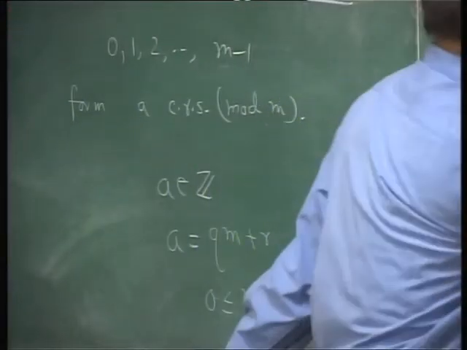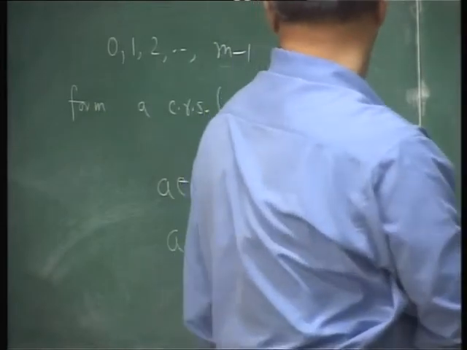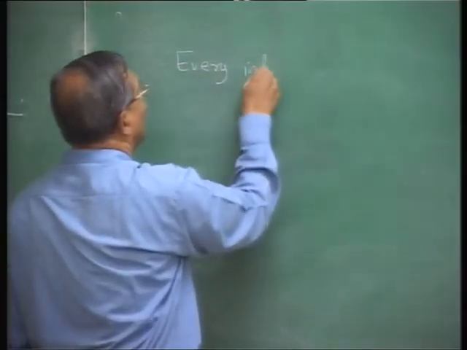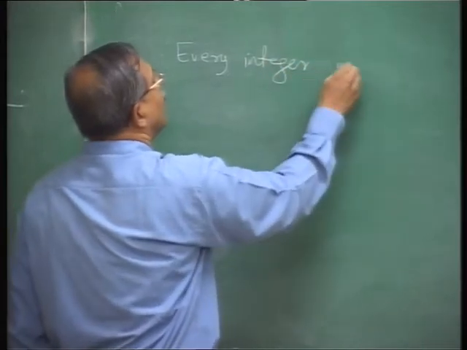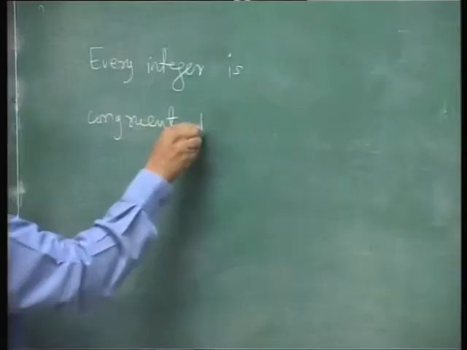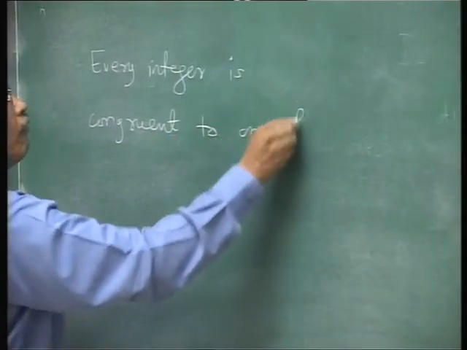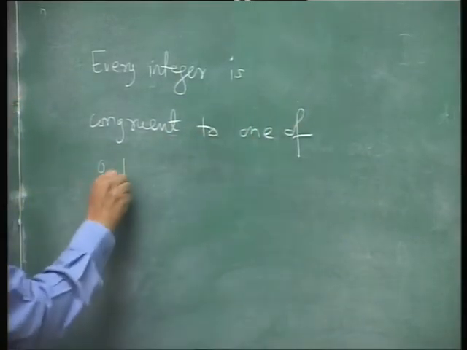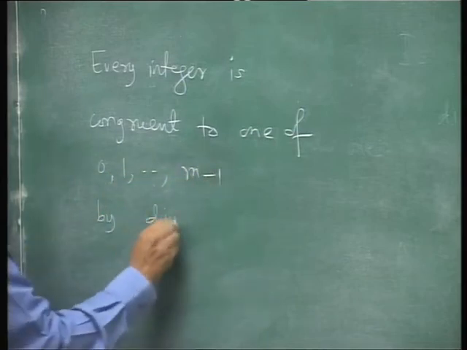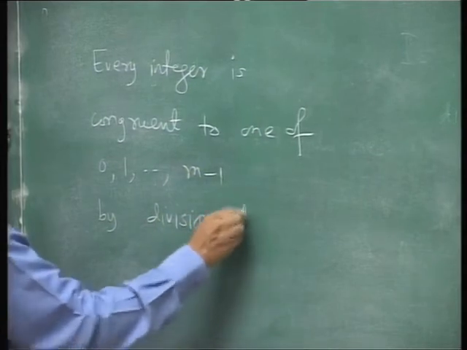So, just note this, every integer is congruent to one of 0, 1 etc. M minus 1 by the division algorithm.